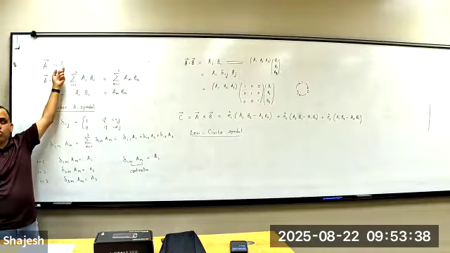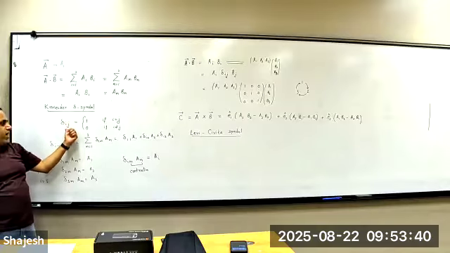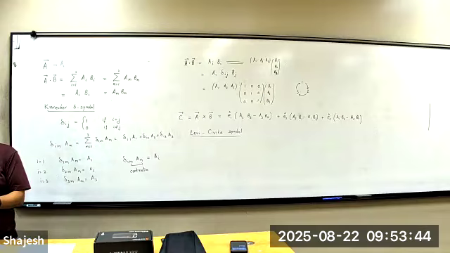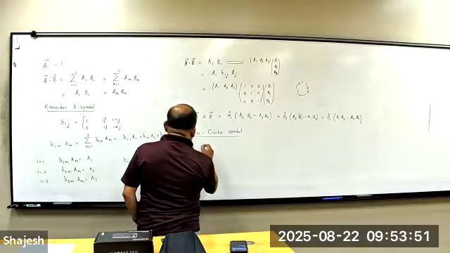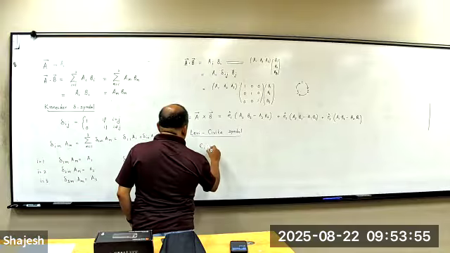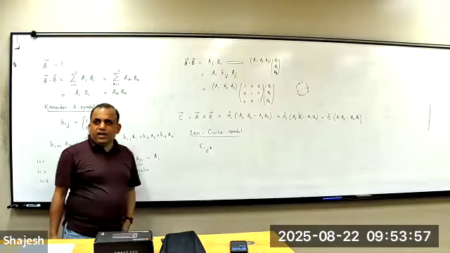This is a tensor of rank 1. This is a tensor of rank 2. You can think of a tensor of rank 3 when there are 3 free indices. You can think of a tensor of rank 4 when it has 4 indices. So now we introduce a symbol which has 3 free indices, epsilon ijk, and that's called the Levi-Civita.